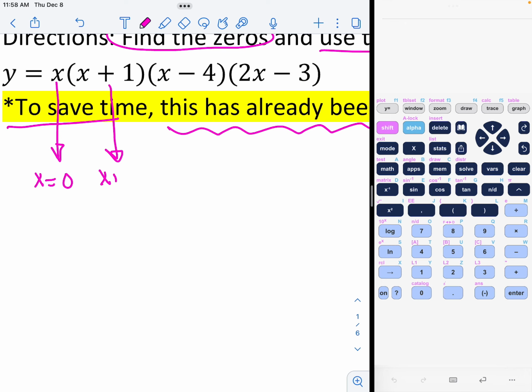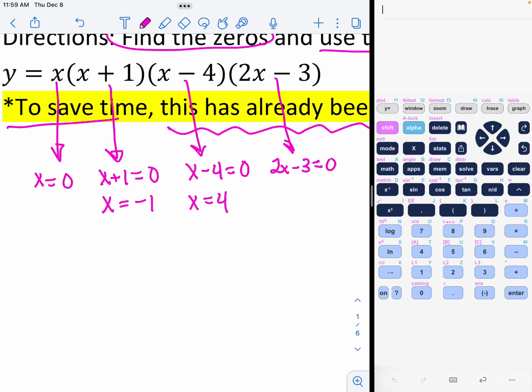This would be x plus 1 is 0, or maybe you are able to get the negative 1 right away. This would be x minus 4 is 0, or maybe you could get positive 4 right away. This would be 2x minus 3 is 0, and add 3, divide by 2. X would be positive 3 over 2. So just did some Algebra 1 there. Set each factor equal to 0, and all of those are your zeros.